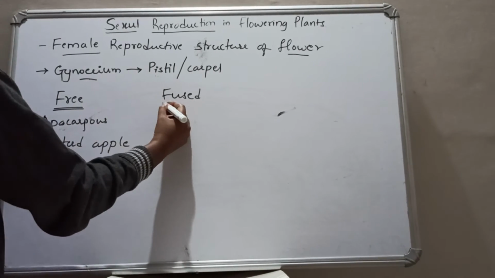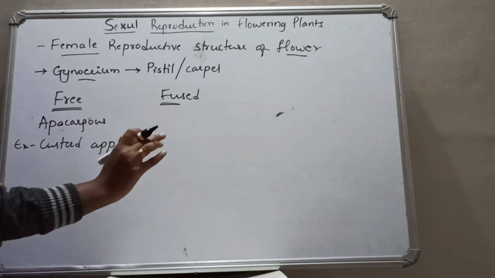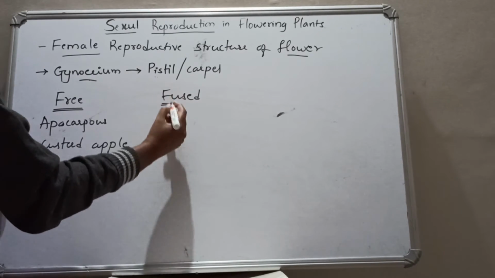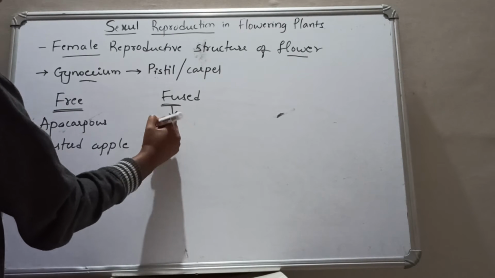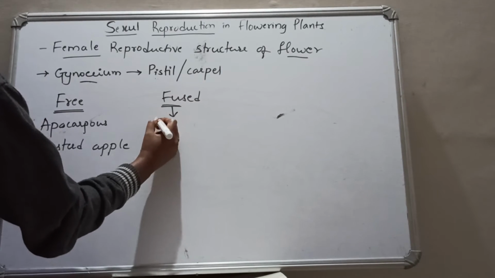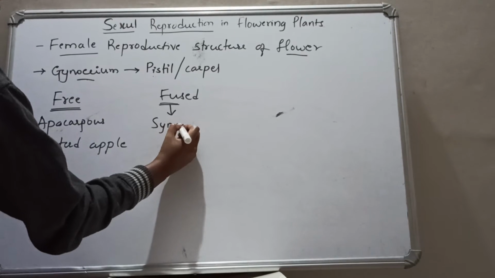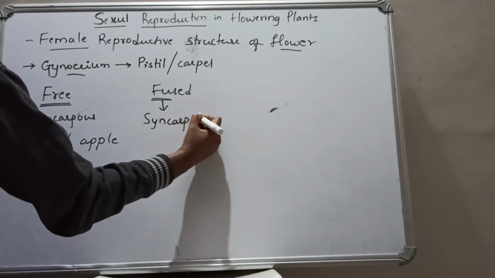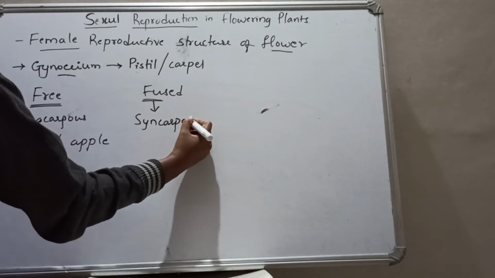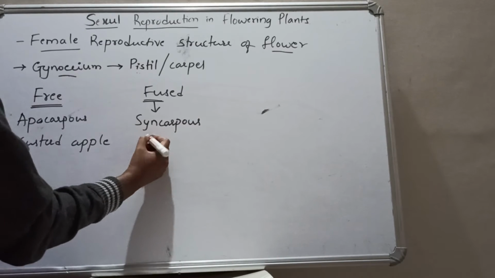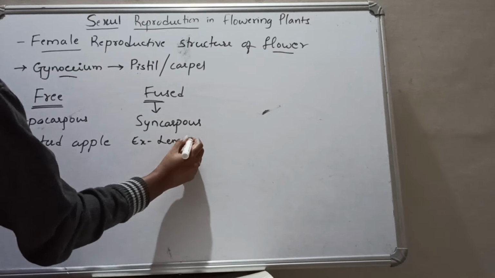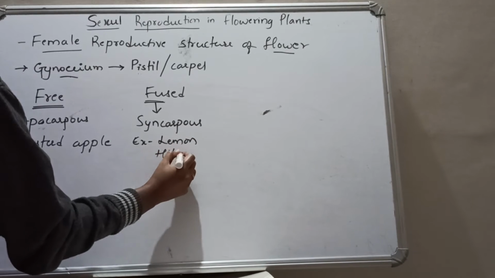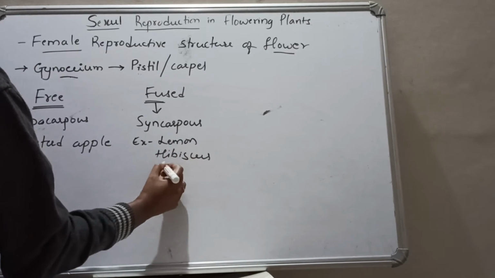If the carpels are fused, they cannot be separated. These carpels get fused, and that gynoecium or pistil is called syncarpous. For example, lemon, hibiscus, datura.